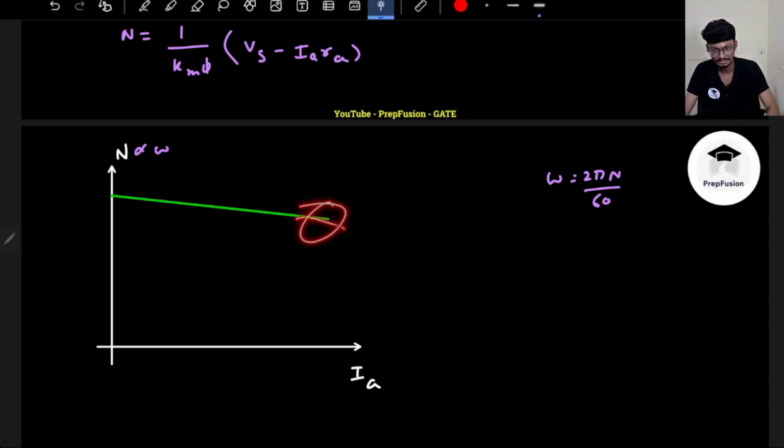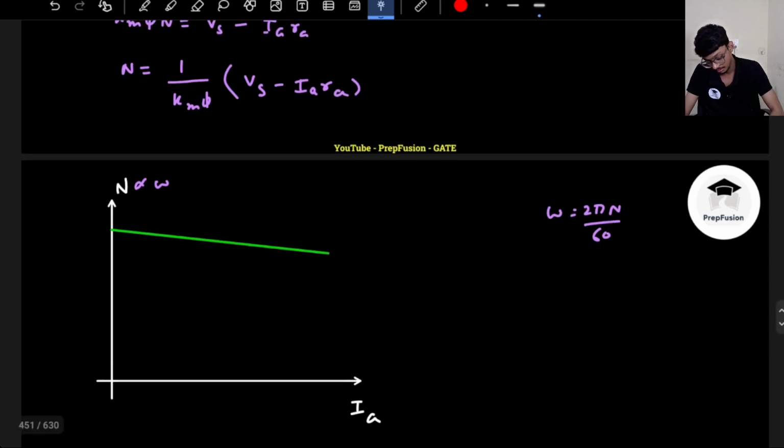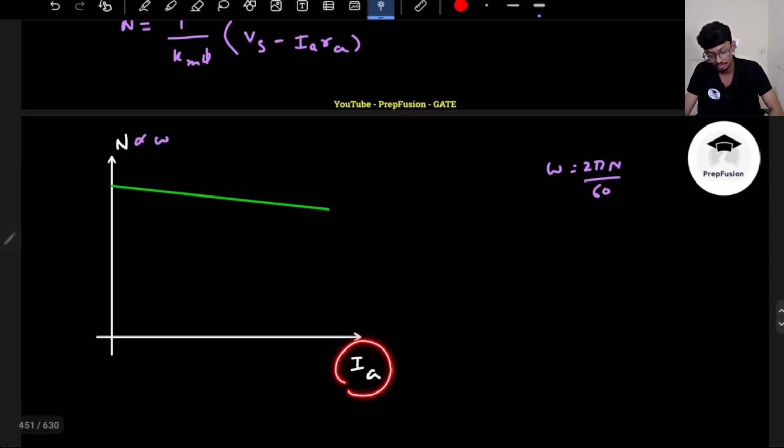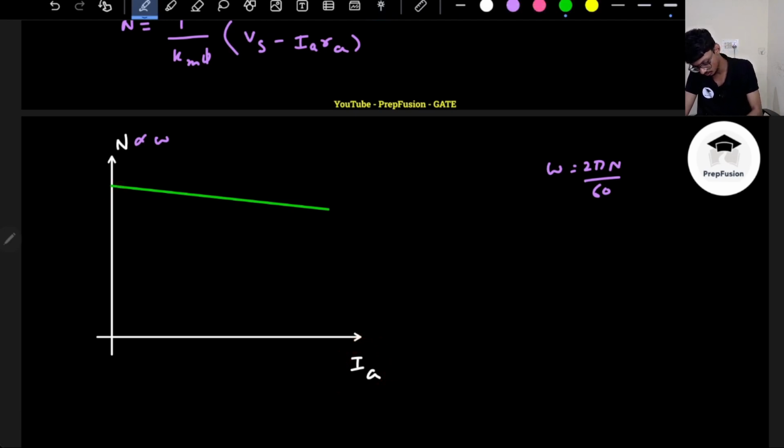linear in this region. Why will it not be linear? Because as the load current increases, what will happen? If the load current increases, the armature reaction will increase, right? So this speed is known as the no load speed, N0.